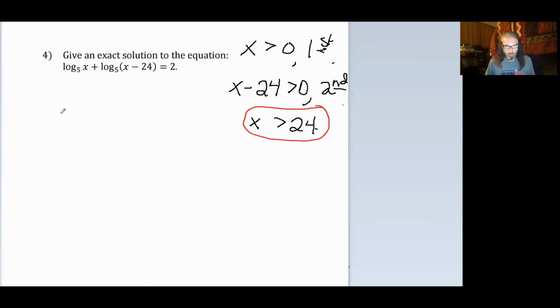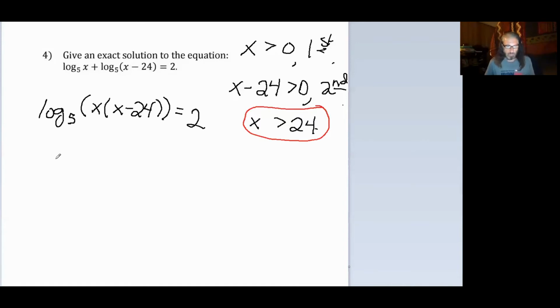Now, using the product rule for logarithms, we can put this left-hand side back together as the product of x times x minus 24 inside a logarithm of base 5. That's going to equal 2.